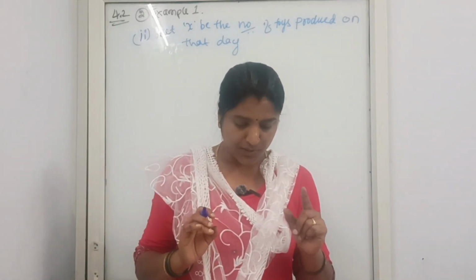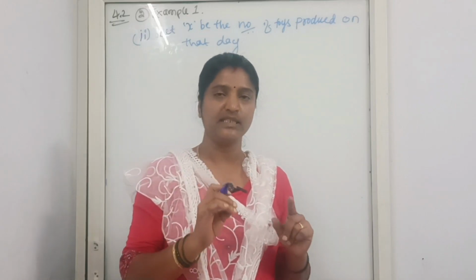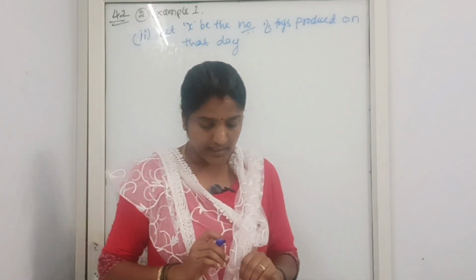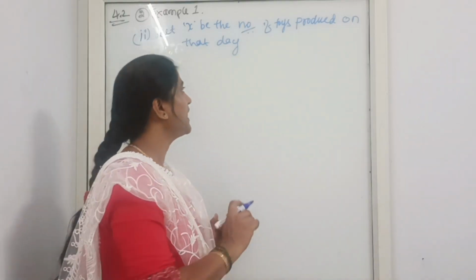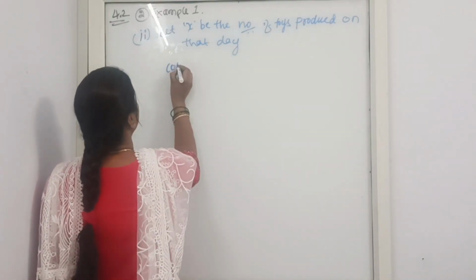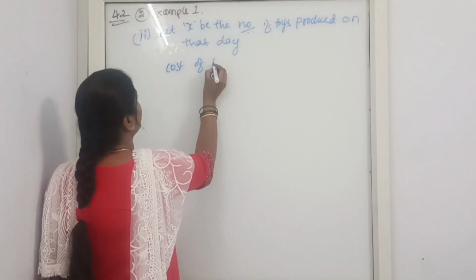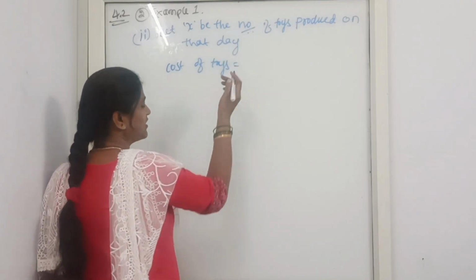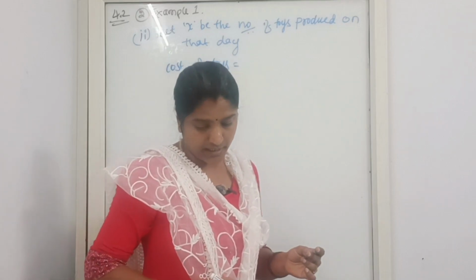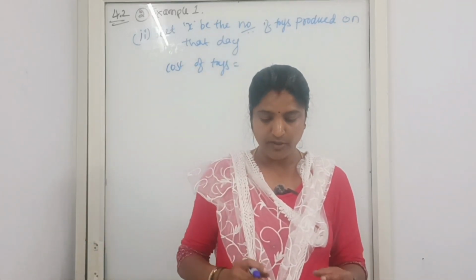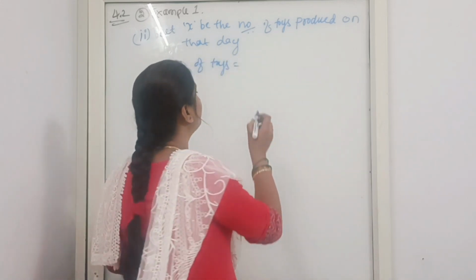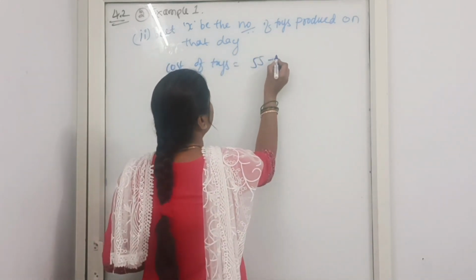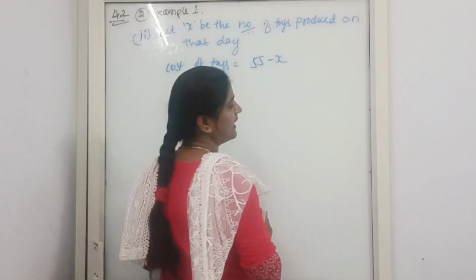A cottage industry produces a certain number of ties in a day, that is the x. The cost of production of each tie. Cost of production means we need to calculate the cost of tie. Each tie in rupees was found to be 55 minus the number of ties produced. So 55 minus number of ties is x.